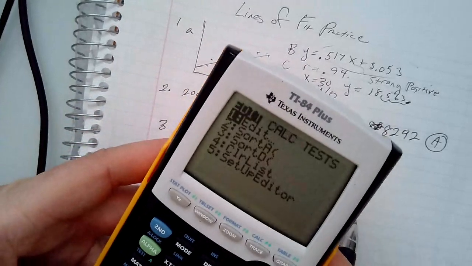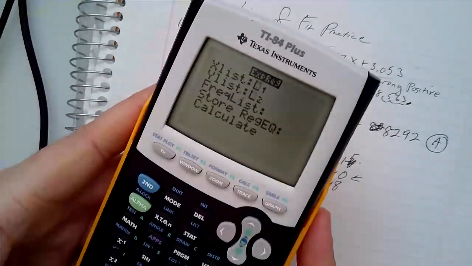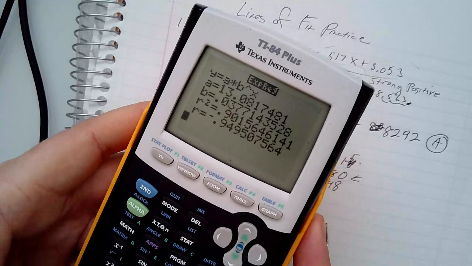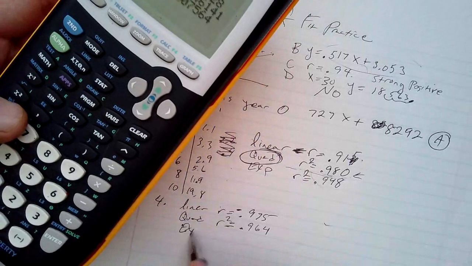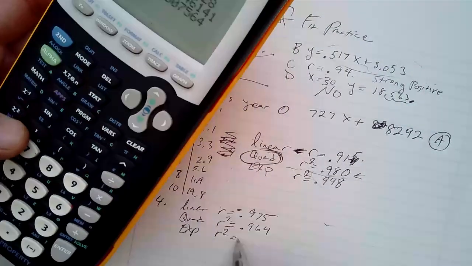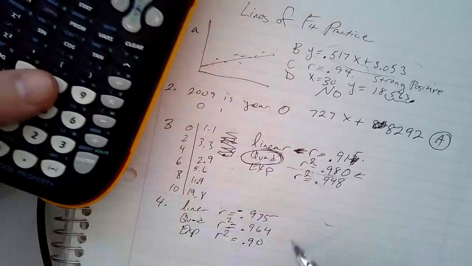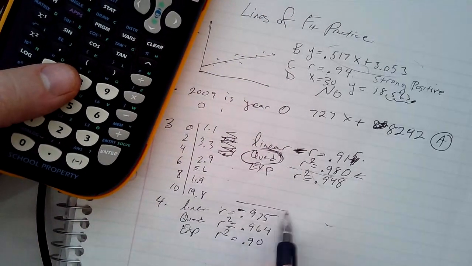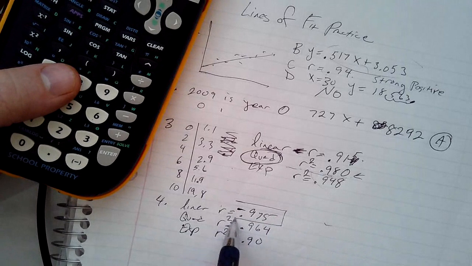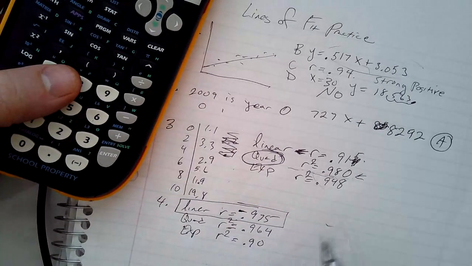Then stat, over to calc, 0. Exponential regression says R squared is 0.90. So the one with the highest correlation, you remember, it doesn't matter if it's negative or positive. The one with the highest correlation coefficient is going to be linear. So it is a linear equation.